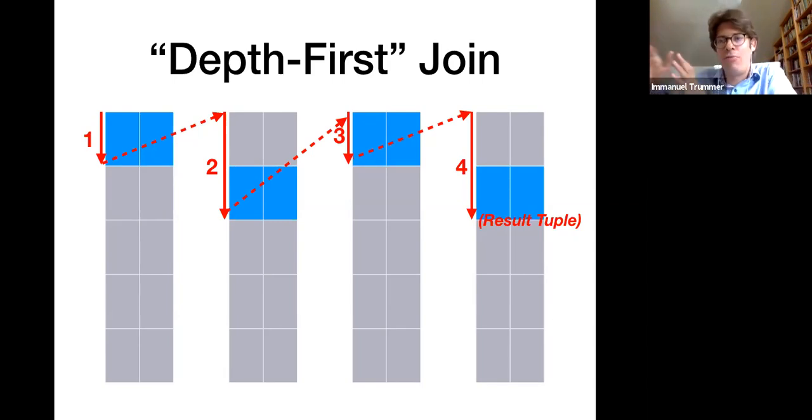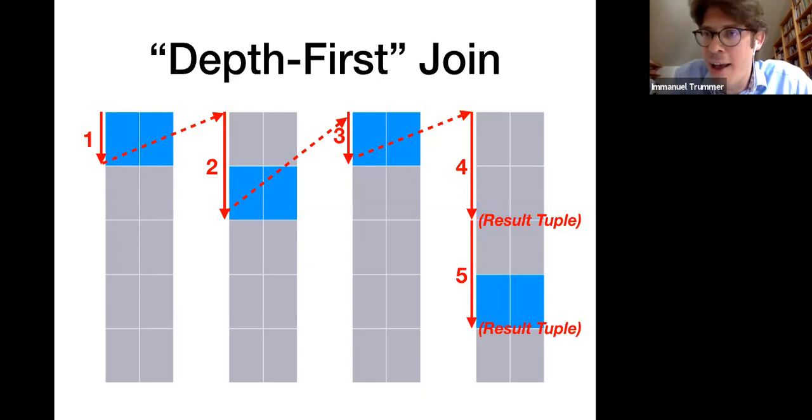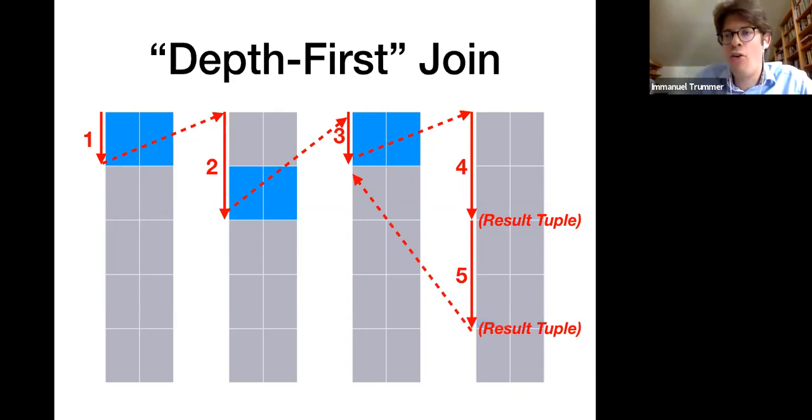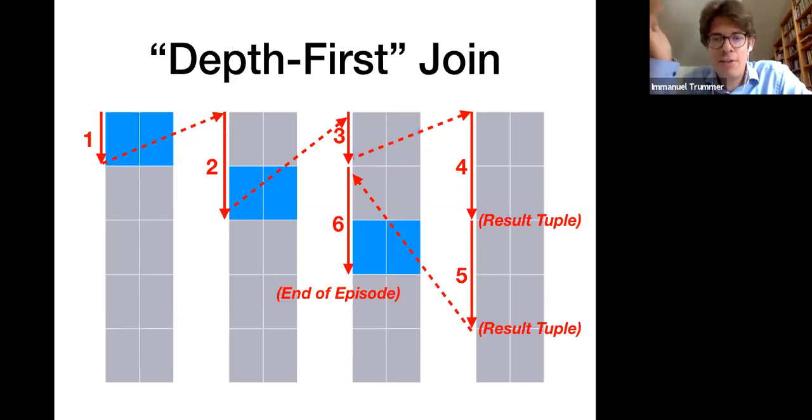So we add that as result fragment to our result set. And we continue looking for matching tuples in the last table. Here we find another one, we add it to the result as well. And now we have considered all tuples in the last table. So we decide to backtrack and go back to the third table in join order. Perhaps we didn't have enough time to look at the next matching tuple in the third table, but at some point the episode will end.